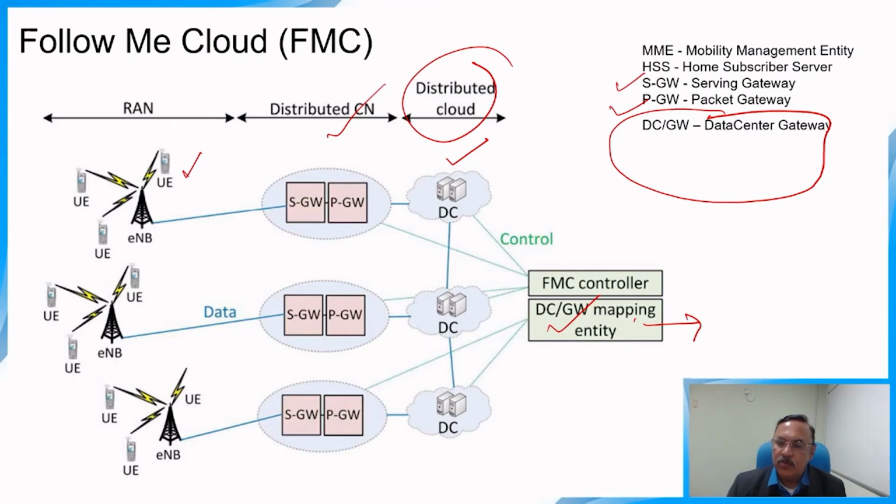So, the DC GW mapping entity maps the data center to the distributed serving or packet gateways according to various metrics such as location or hop count between data center and the distributed core network, in a static or a dynamic manner. That is what is shown over here, this mapping to this SGW, that is the serving gateway, and the packet gateway. This particular mapping is done based on various parameters.